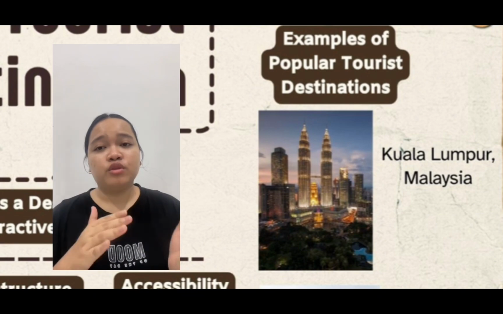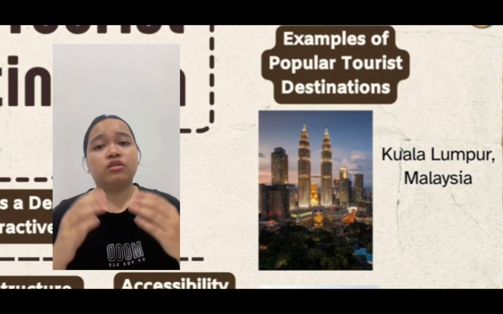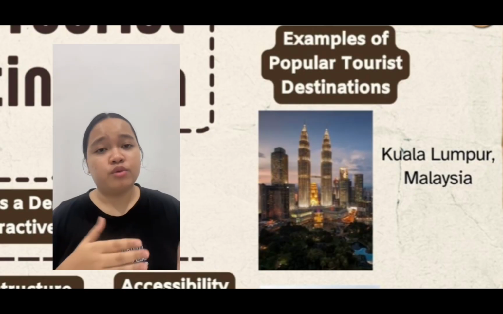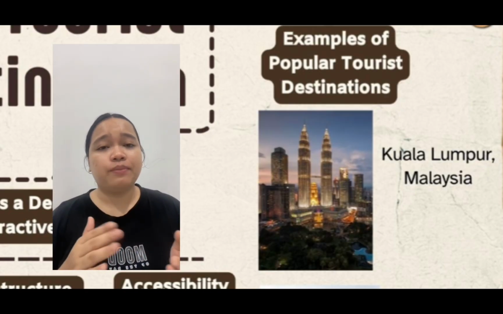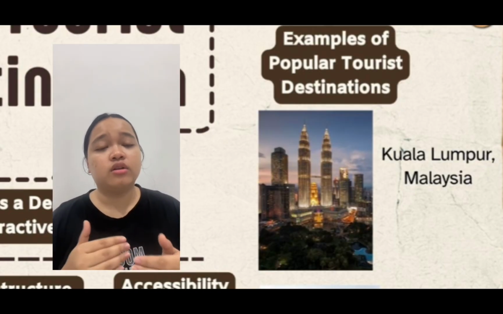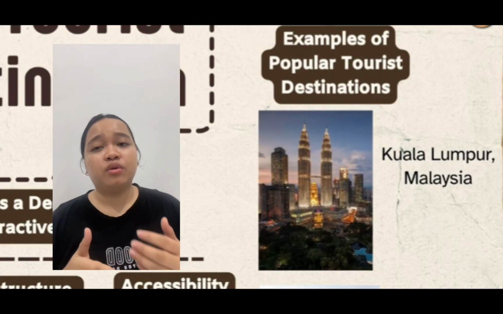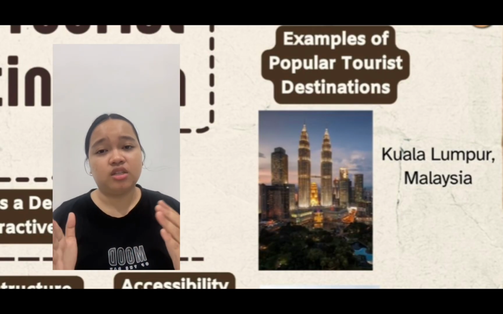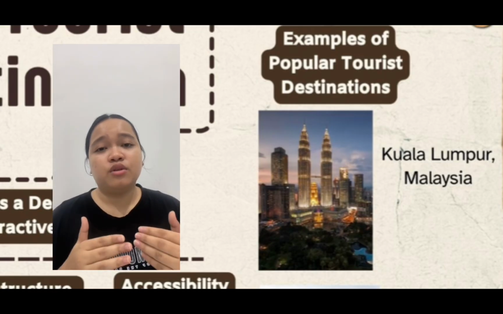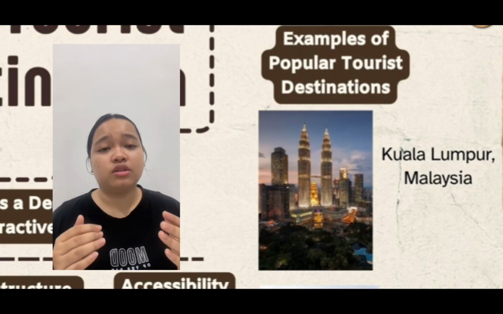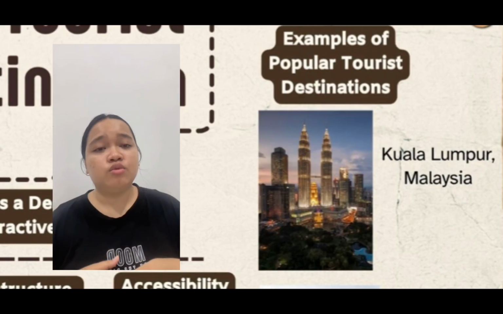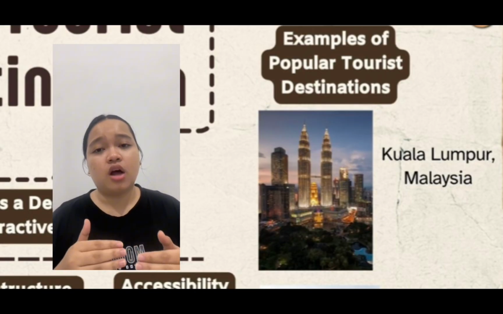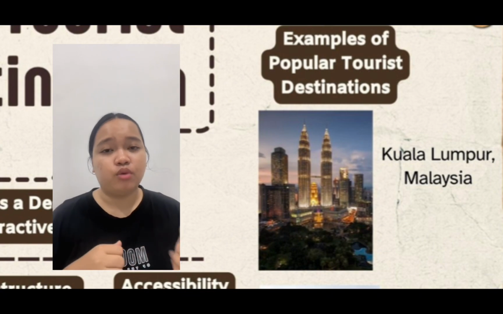One of the most popular tourist destinations in Southeast Asia is Kuala Lumpur, Malaysia. It is the capital city and a vibrant urban center known for its modern skylines, diverse culture, and delicious food. The city's most famous landmark is the Petronas Twin Towers, which were once the tallest buildings in the world and remain a symbol of Malaysian progress.